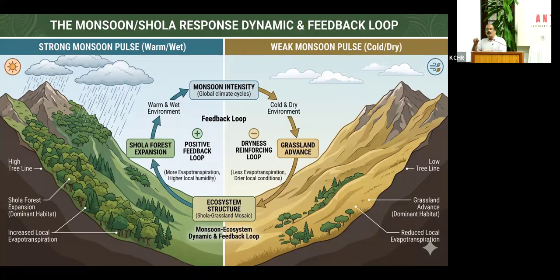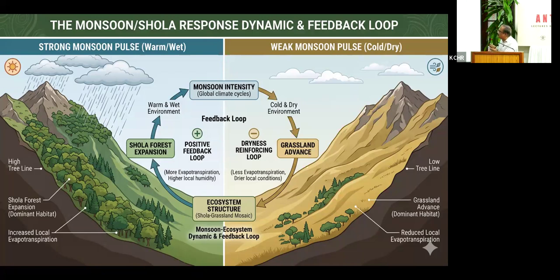And it's always coming intermittently. This happened during the post-glacial period, and it keeps happening, and that has been demonstrated by various palynological studies by geologists.